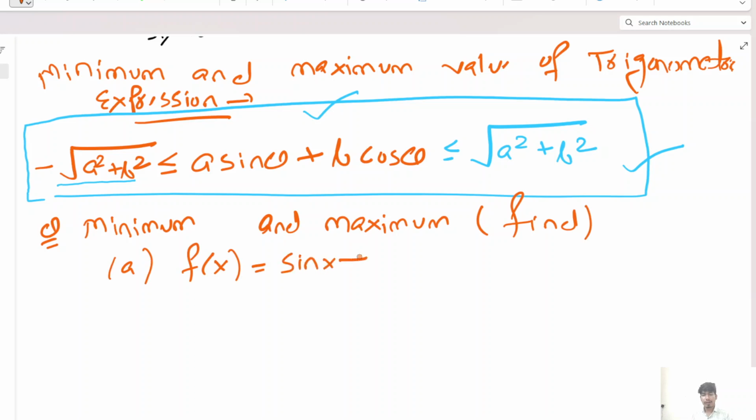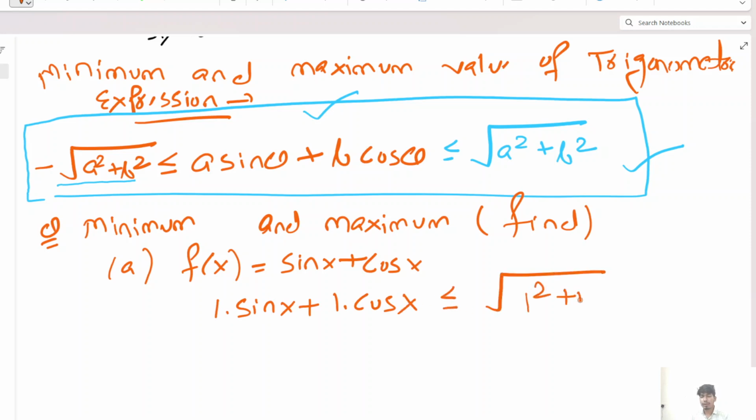Apply this formula, a sin theta plus b cos theta. Can we write this as 1 into sin x plus 1 into cos x? Here the values of a and b are 1. Then this is less than or equal to under root 1 square plus 1 square, and greater than or equal to minus of under root 1 square plus 1 square.